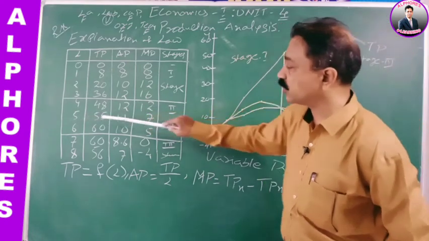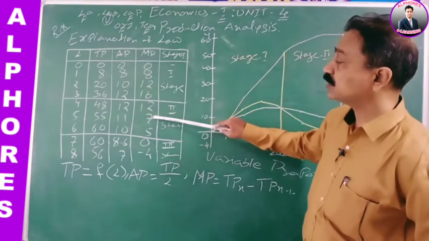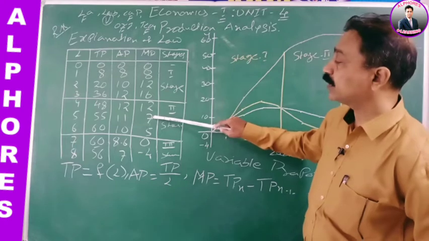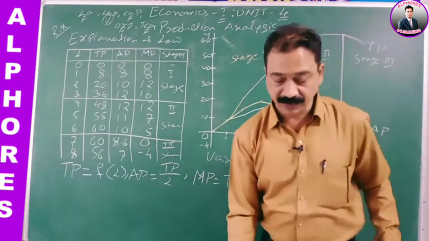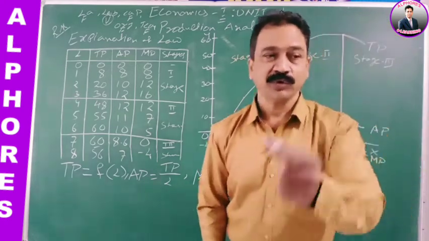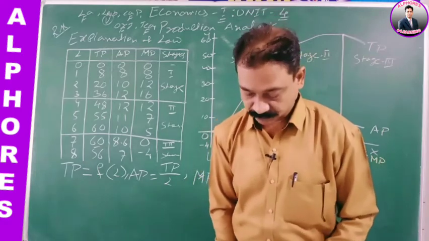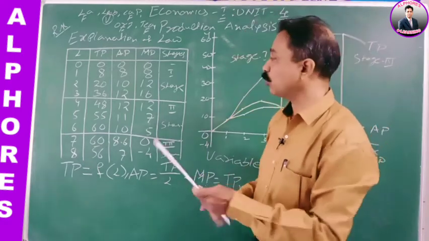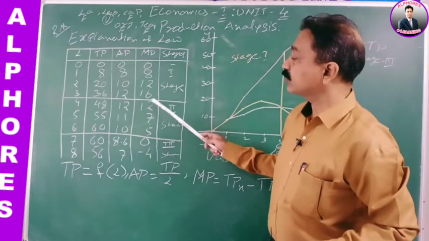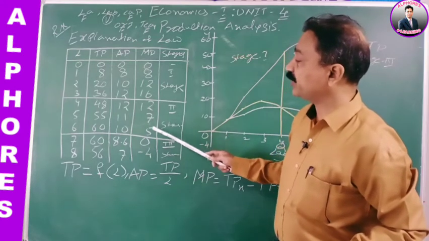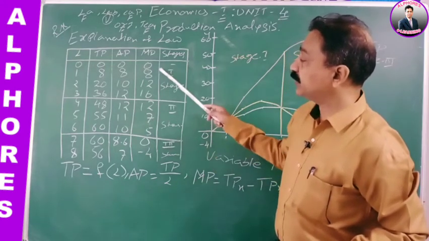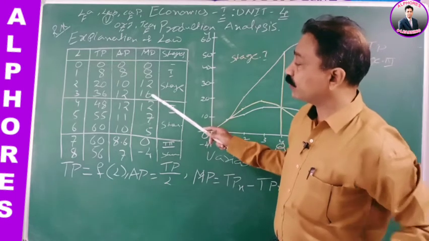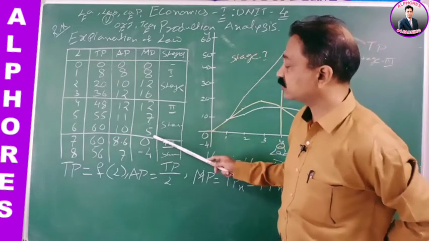Fifth labor marginal productivity is how much? 7. It is going on changing. So this marginal productivity keeps decreasing from the fourth labor; till the third labor it increased. From the fourth labor, it started decreasing.